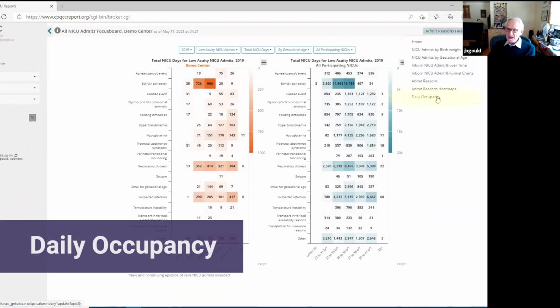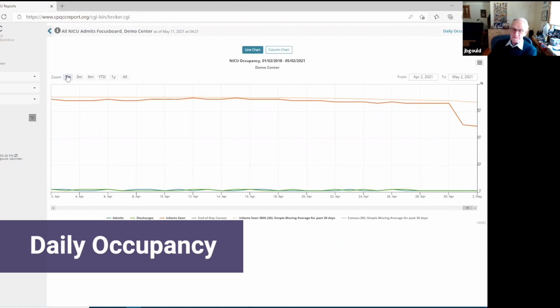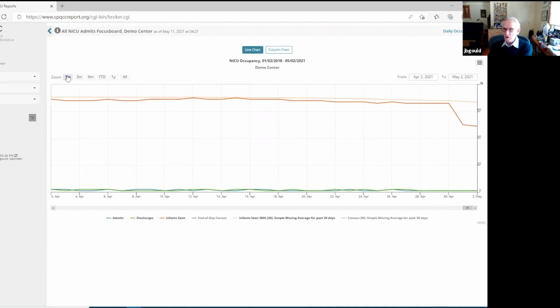The last thing I wanted to show is daily occupancy. One of the things from a QI perspective that's fun to look at is we know that when our daily census really flies up and we're really overworked, that's the most likely time to have a breakdown in our quality.